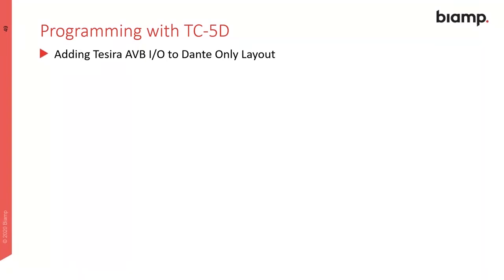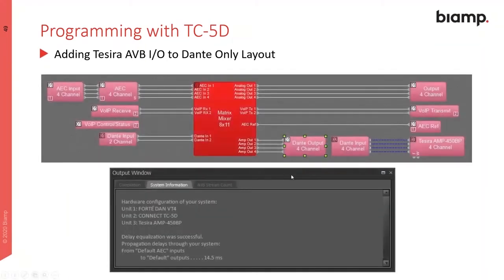Once you fix it to unit number 1 and compile, then it will automatically add a TC5D, and the file will compile successfully. As you can see, the audio of the AVB amplifier should be assigned by the Dante Controller. To send the audio from the Tesira Forte DAN, we need to send it over the Dante network.